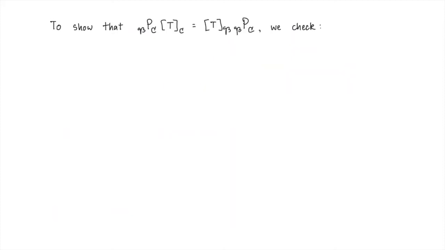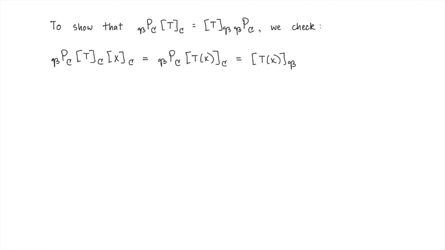Let's check what happens when we take a c-coordinate vector and multiply it on the left by each of these two products of matrices. On one hand, the change of basis matrix from C to B times the matrix of T with respect to C times a c-coordinate vector for x is just the change of basis matrix from C to B times the c-coordinate vector of T of x, which is just the b-coordinate vector for T of x.